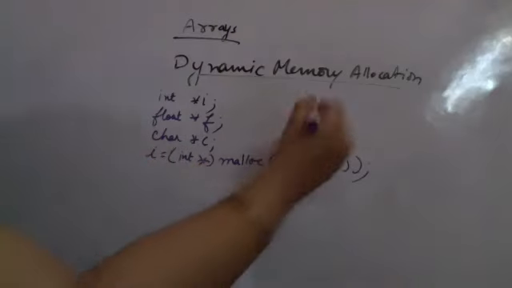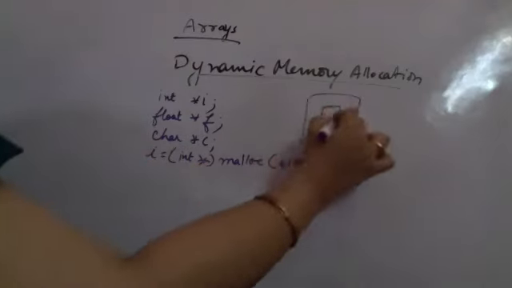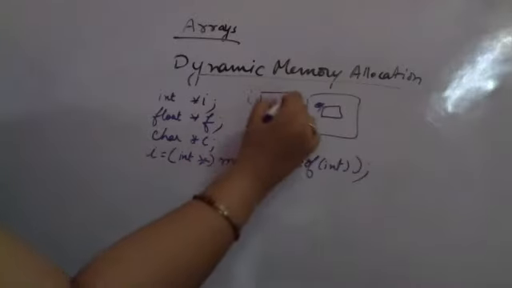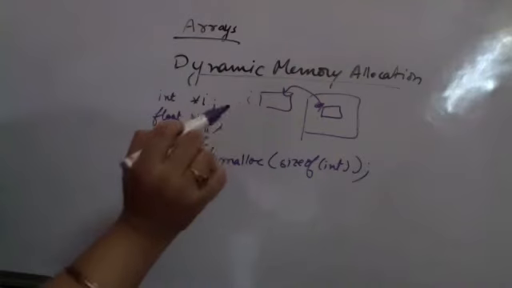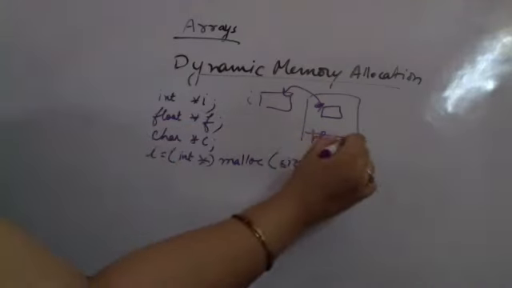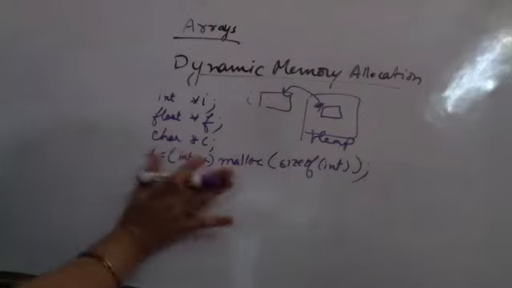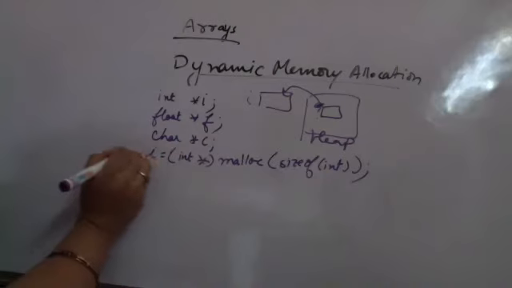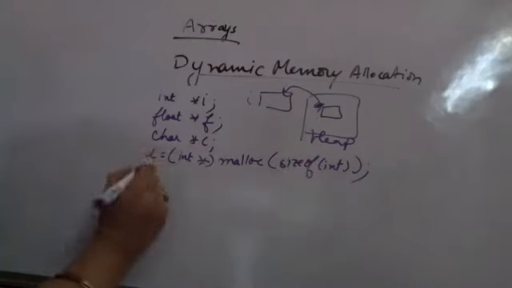So whatever is allocated in memory, वो address जो है that comes into I, which is another variable that stores this address to the integer location in heap area. Dynamically जब तक execute नहीं होगा तब तक memory allocate नहीं होगी. I will be there, but this memory would not be there.